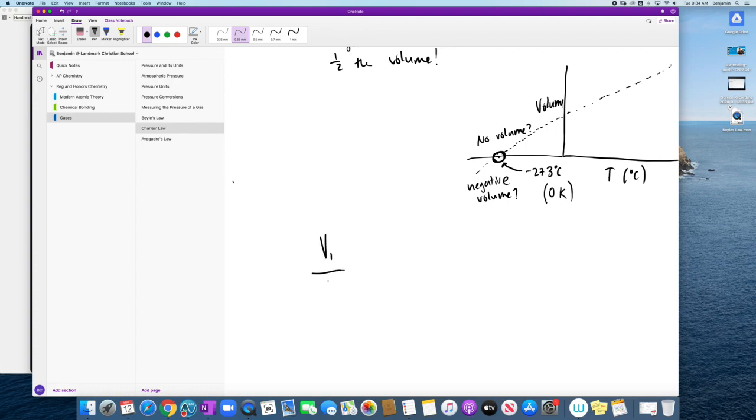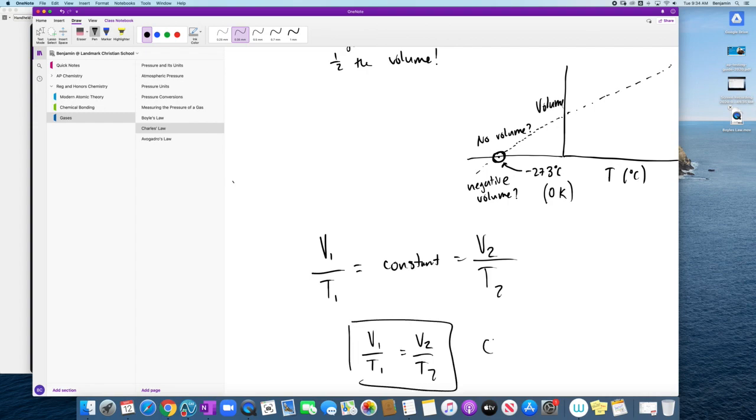It doesn't matter what the volume and temperature are per se, but as long as you keep them paired up, that ratio will be constant. And so this is known as Charles' law. V1 over T1 equals V2 over T2. That's Charles' law.